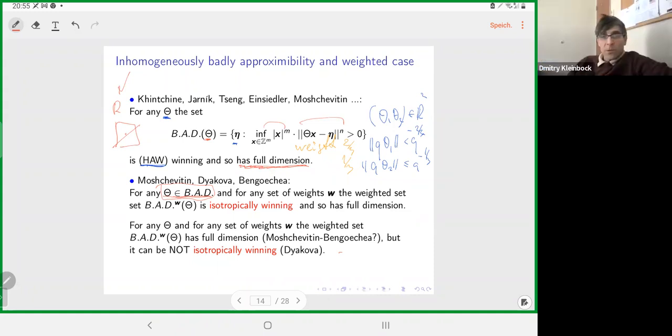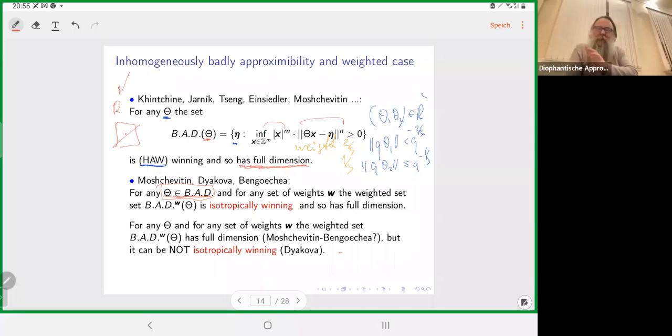So what's the relation between isotropically winning and absolute winning? Not hyperplane, but Macmillan's. It is a good question, but I want to give a comment on absolute winning. You mean Macmillan absolute winning property? Yes.